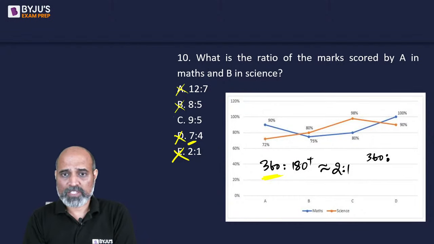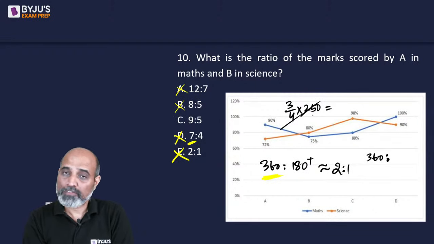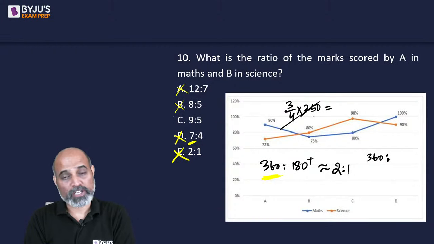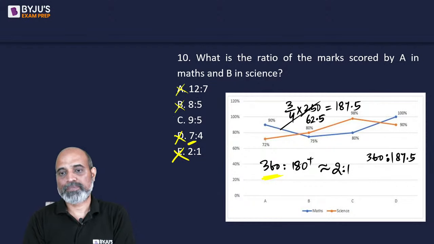Maths हो गया. साइंस में B को 75% of 250 आया था, meaning 3/4 of 250. If we solve this, this is going to be half of 250, which is 125, and half of 125 is 62.5. If you multiply this by 3, this is going to be 187.5.